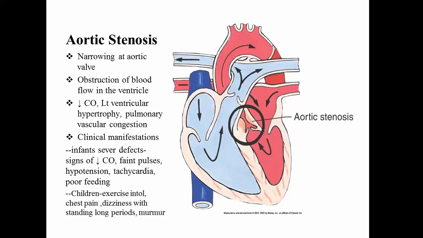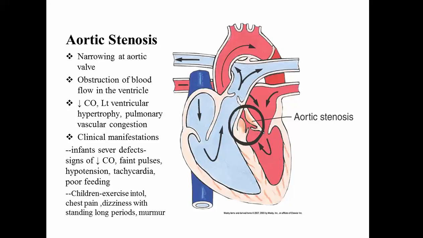All right. Our next defect where there's obstruction of blood flow from the ventricle would be aortic stenosis. So again, this is a defect where there's an obstruction of blood flow from the ventricle. Blood is having difficulty leaving the ventricle. You have narrowing at the aortic valve, so it results in obstruction of blood flow in the left ventricle.